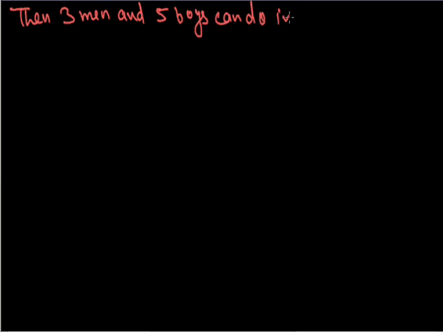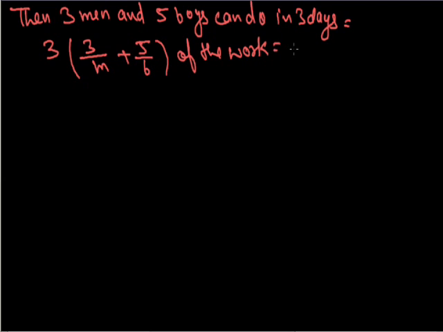Then 3 men and 5 boys can do in 3 days 3 into (3 by M plus 5 by B) of the work. According to the given question, this work is equal to 19 by 20 of the work.